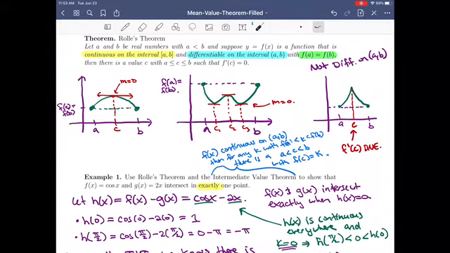It's also definitely differentiable on the open interval from C1 to C2 because it's differentiable everywhere. And the y values at C1 and C2 are the same, they're both 0. So that means that there has to be a c value between C1 and C2 so that the derivative is 0 at c.